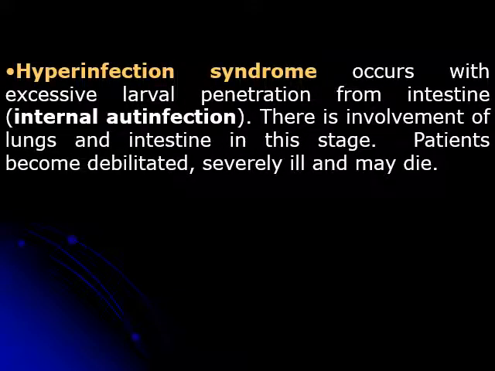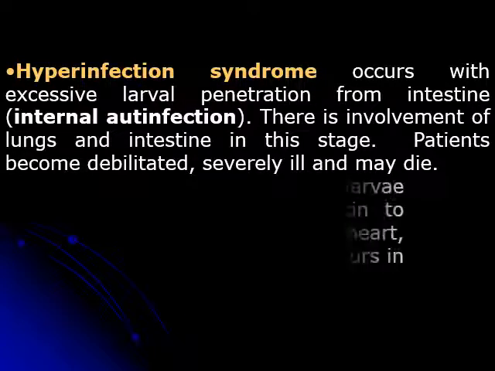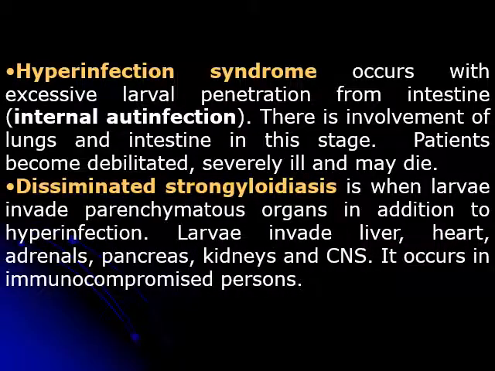In case of hyperinfection, this occurs with excessive larval penetration from the intestine, internal autoinfection. There is involvement of lungs, intestine in this stage, and also other parenchymatous organs. Patients become debilitated, severely ill, and may die as a result.